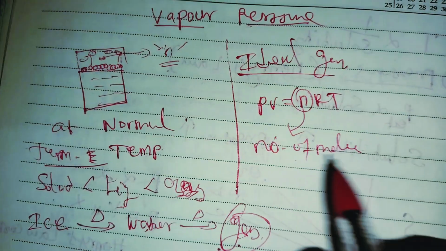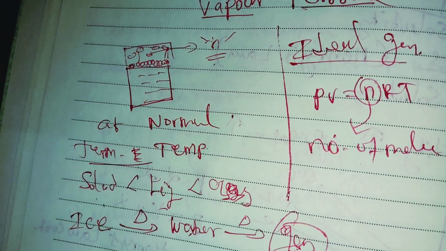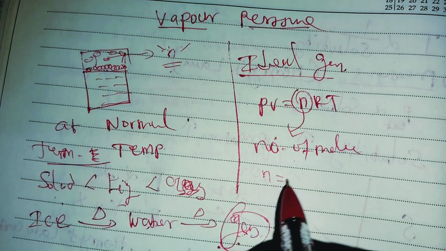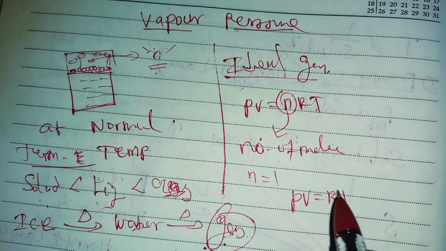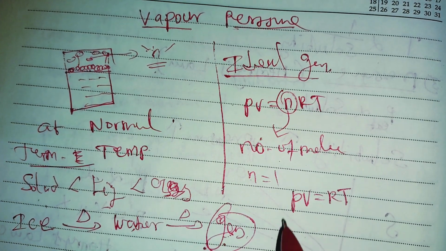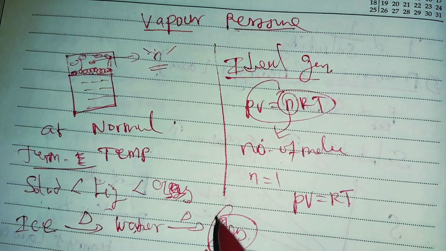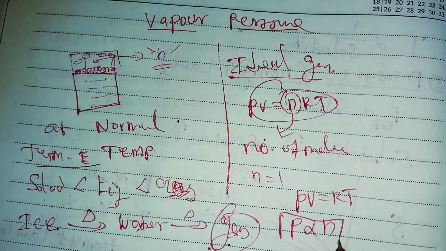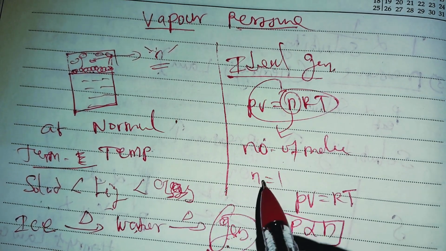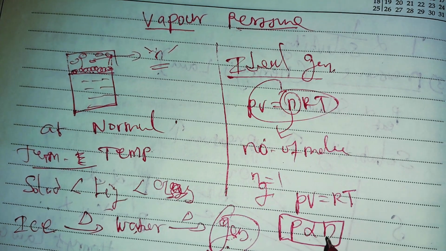If we assume n is equal to 1, then PV is equal to RT. In this formula, the pressure is directly proportional to the number of moles, n, the gaseous moles.